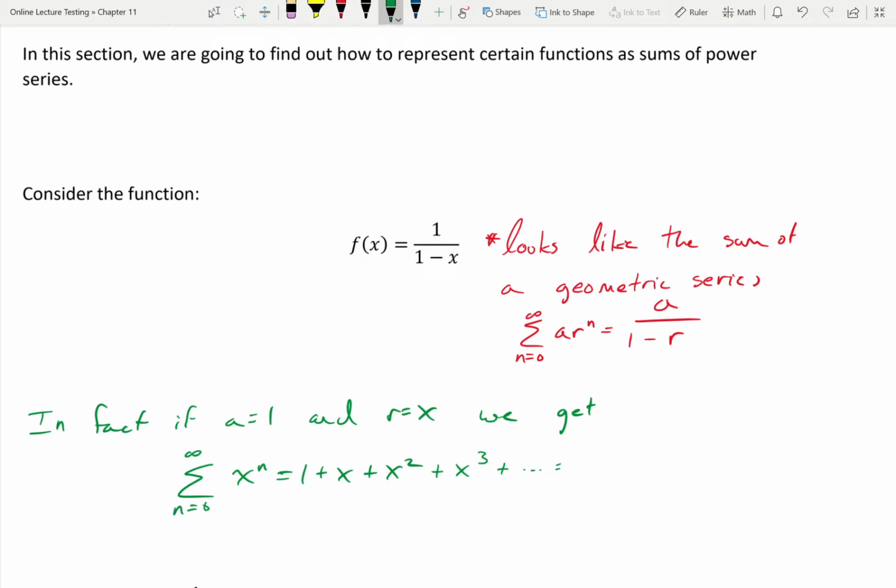Which is equal to, again, be careful here, 1 over 1 minus x when the absolute value of x is less than 1.